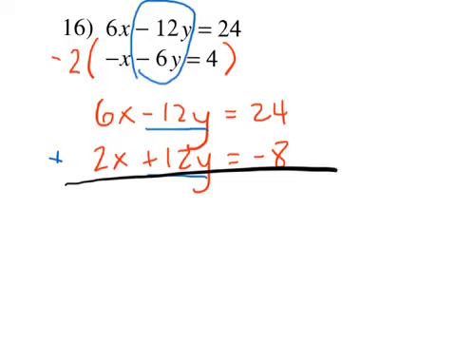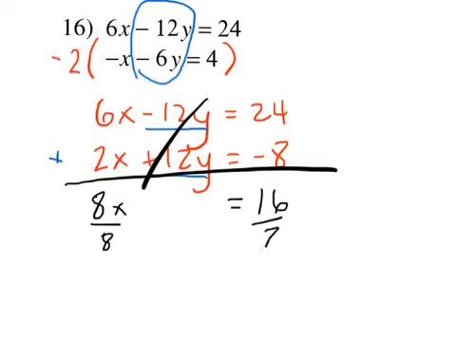So 6x plus 2x is 8x. And then negative 12y plus 12y is 0y, so that cancels out. 24 and negative 8 gives you 16. And then to solve this, we just divide by 8. Divide by 8, and you get x equals 2.